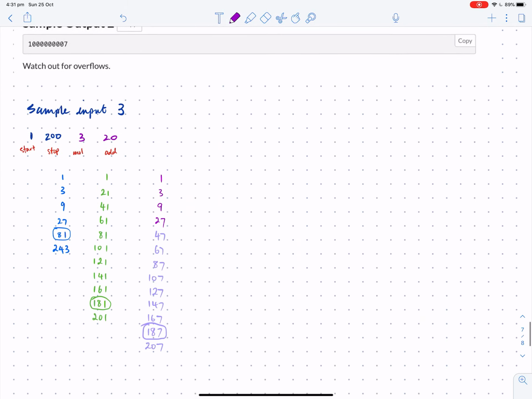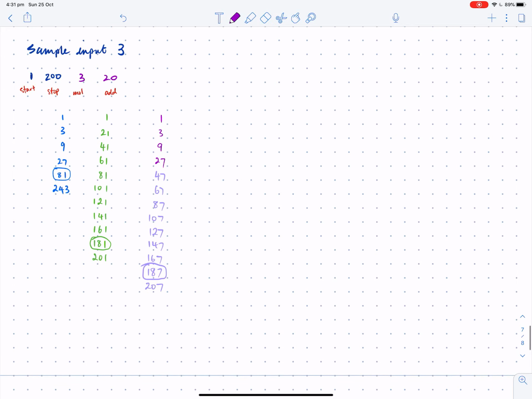So just for the sake of getting on with things, I've got my own sample input here. 1 and 200 is where you start and stop. 3 is the number that you can multiply, and 20 is the number that you can add. So let's say that you only multiply.